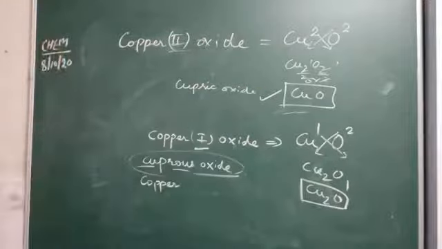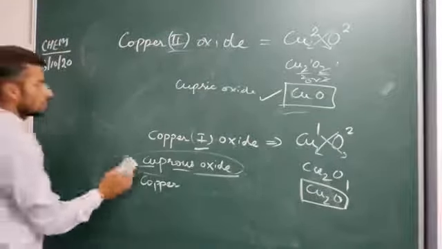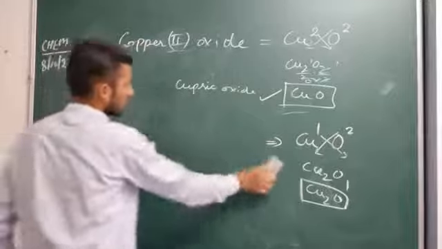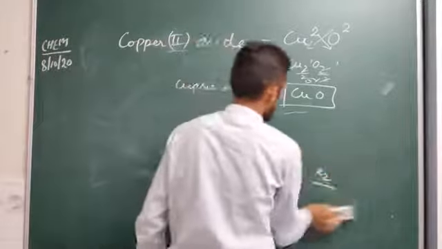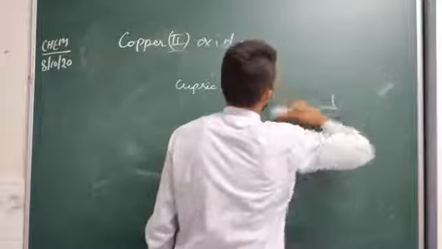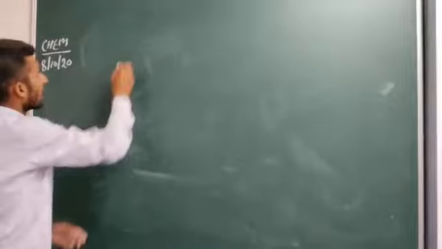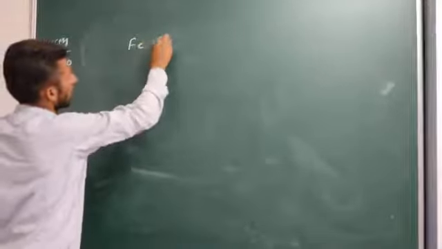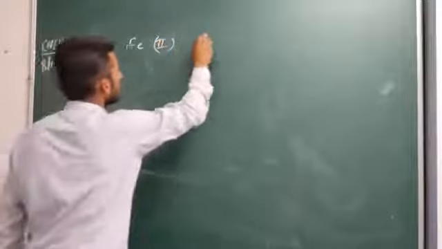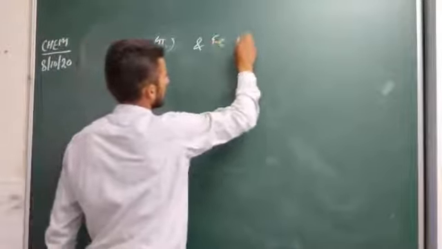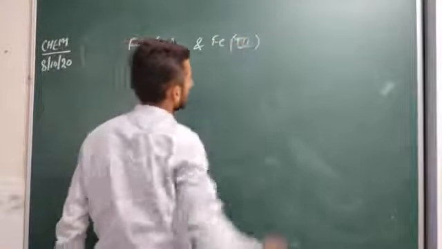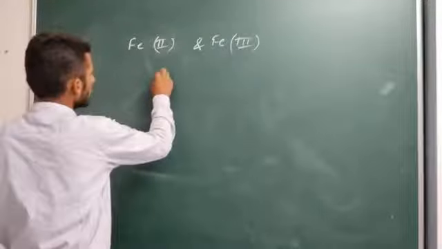Clear? Similarly, some other elements are also there which exhibit this phenomenon. Out of them, one more example we can discuss here is iron. Iron exists in the iron 2 and iron 3 forms.